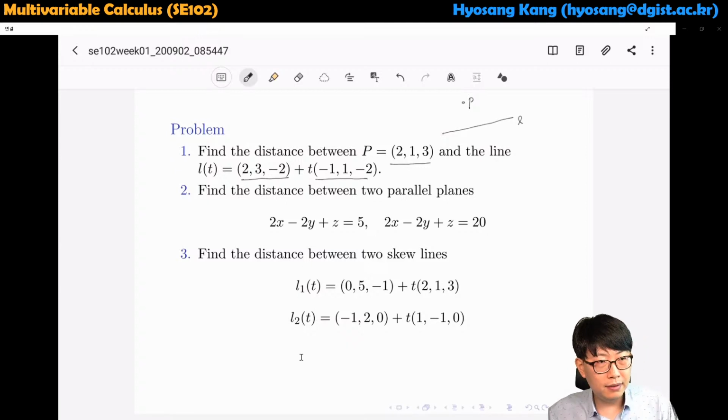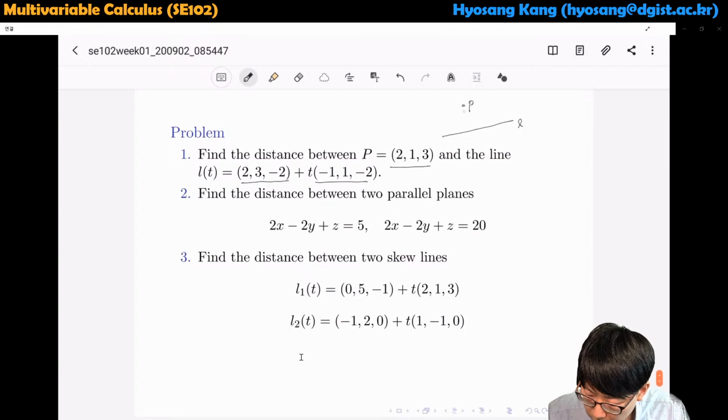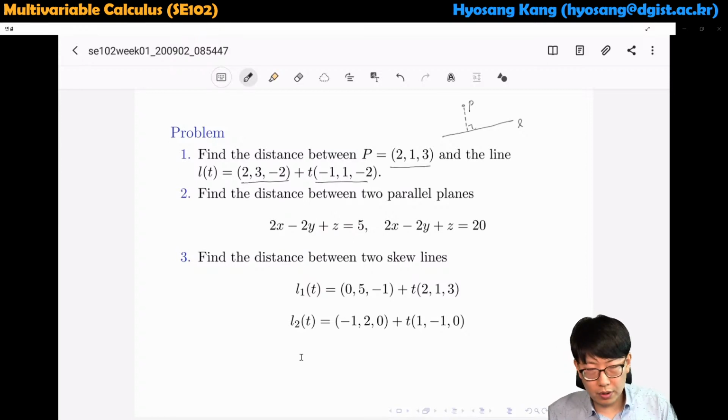If the point lies on the line, the distance is 0, but it's not on the line. I want to take the projection of the point onto the line in the perpendicular way and find the distance between the two points P and H.